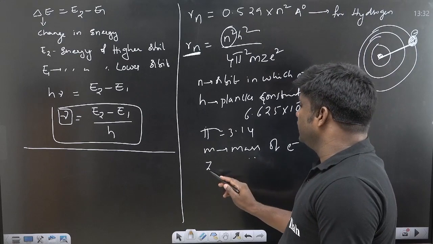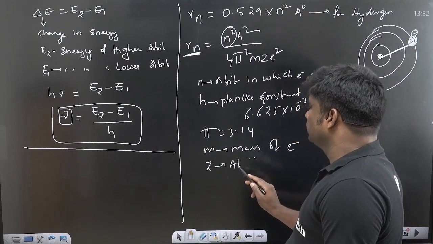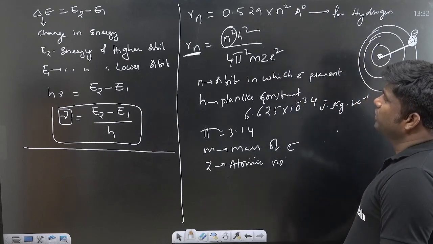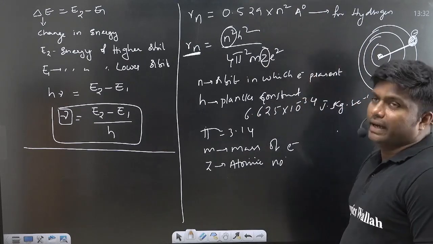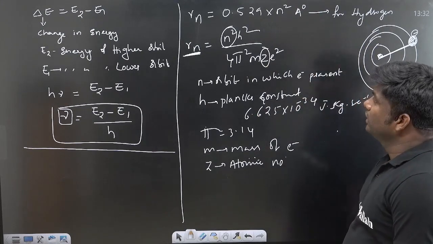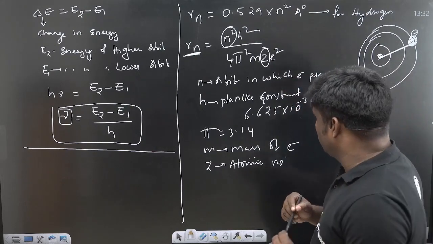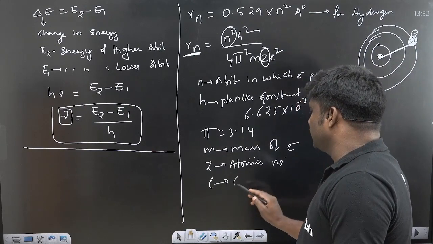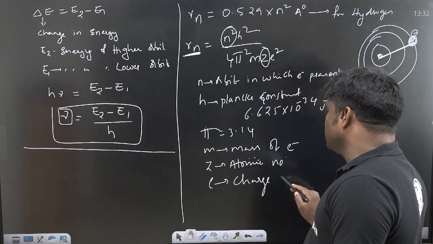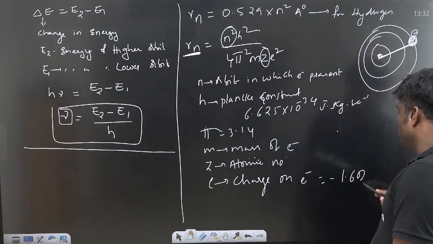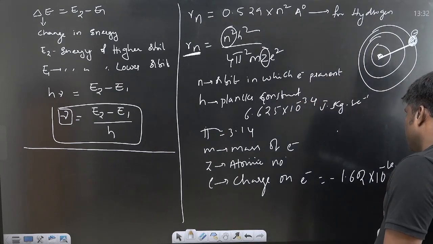Z is atomic number. Actually we don't write this for a hydrogen atom, because the hydrogen atom's atomic number is 1 only. e is charge on electron, and you know charge on electron, right? It is minus 1.602 into 10 to the power minus 19 coulomb.